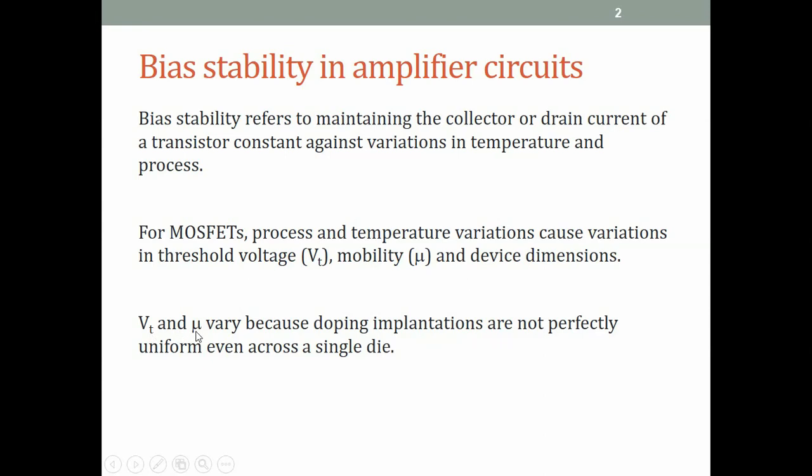And the mobility, of course, is a function of doping density because of impurity scattering, and so mobility also is a function of process variations, and of course temperature.